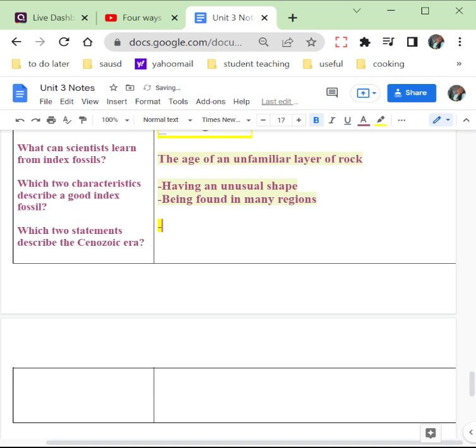So remember the most current era, that's what we're in right now, the Cenozoic era, the current era, and also known as the age of mammals, right? This is when mammals first started showing up. We're also a mammal, so maybe that'll help you remember that this was also the age of mammals.